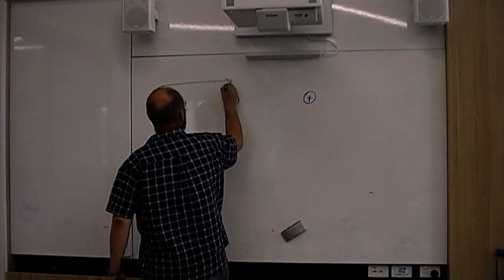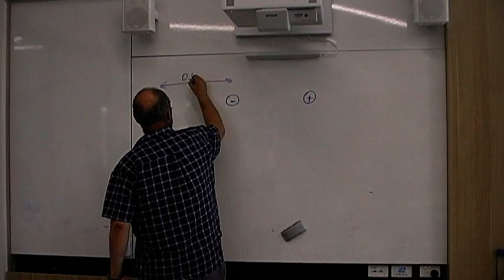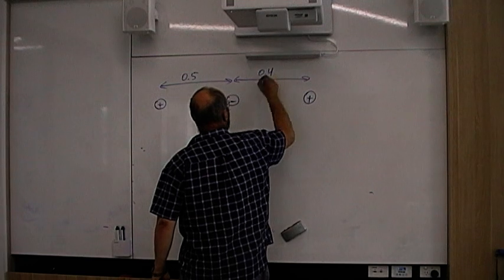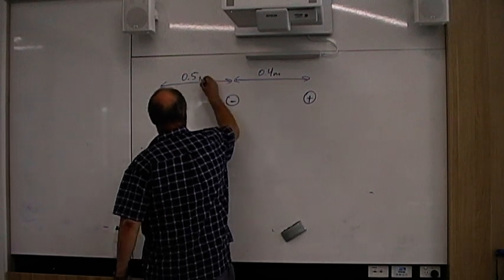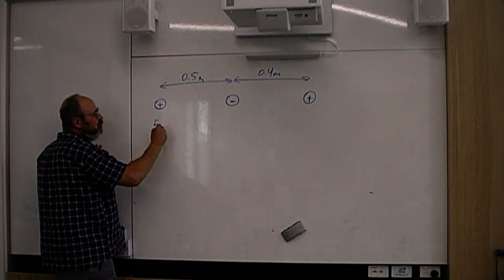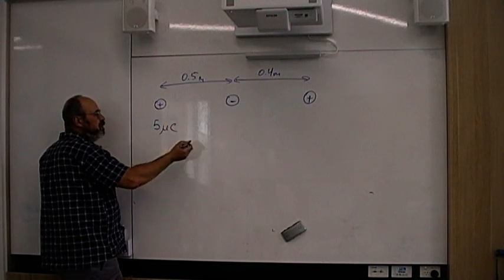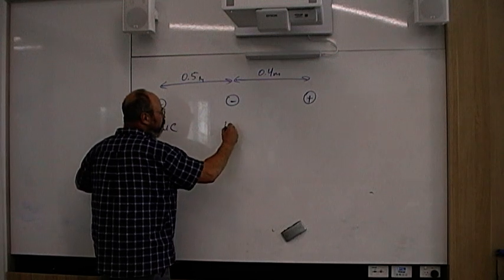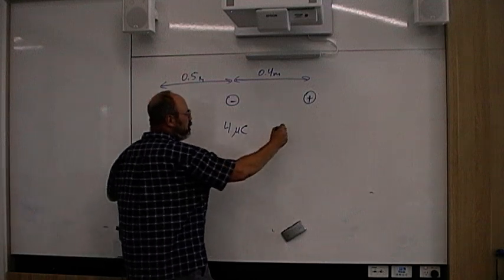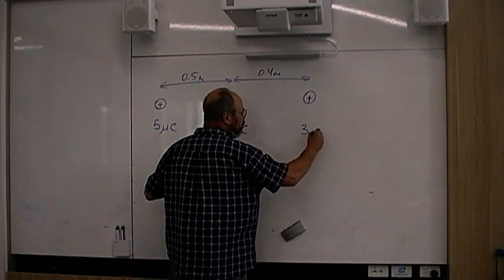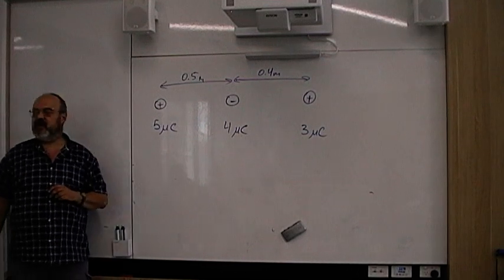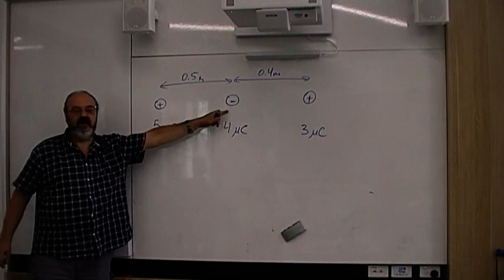This distance is 0.5 meter. This distance is 0.4 meter. This charge is 5 microcoulombs, this charge is 4 microcoulombs, and this charge is 3 microcoulombs. We need to find the resultant force on the middle charge.